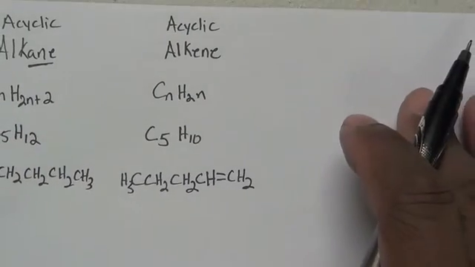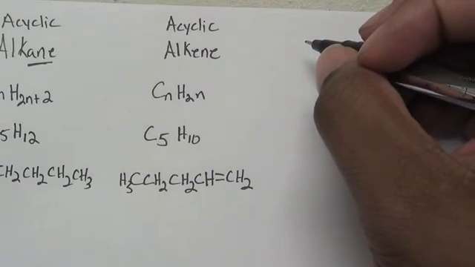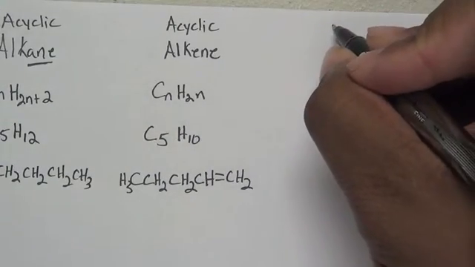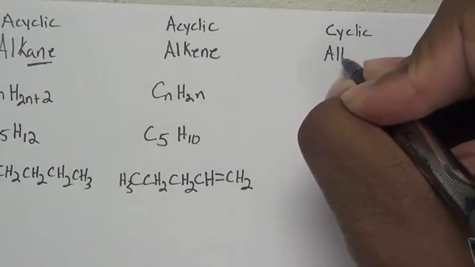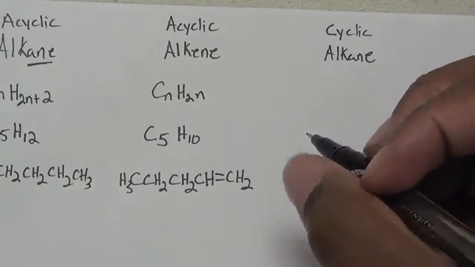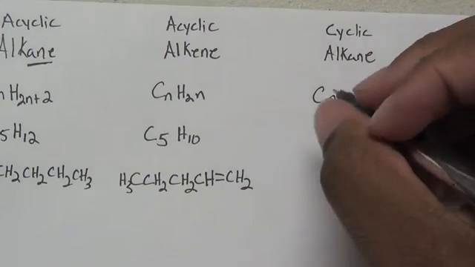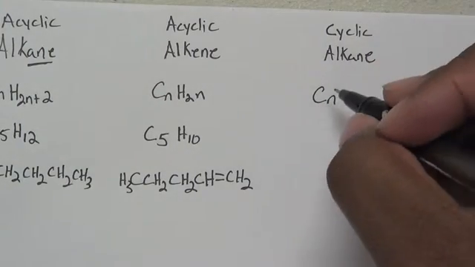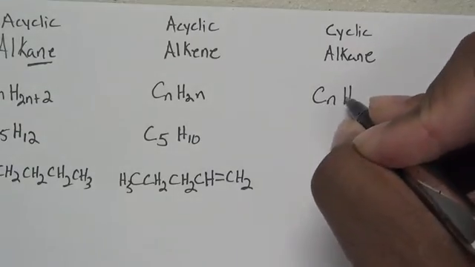Okay, moving along. Let's say we want to talk about a cyclic alkane. The formula to find out how many hydrogens you have based on your number of carbons would be CnH2n.